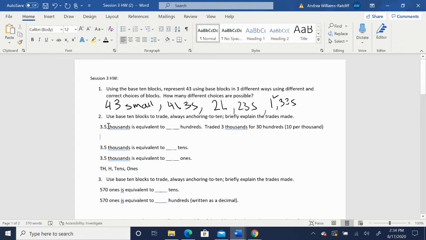Instead of getting a full 10, if you read this as a fraction properly, 5 out of the 10 that we need, I would get 5. We know that's equal to half of 1,000.